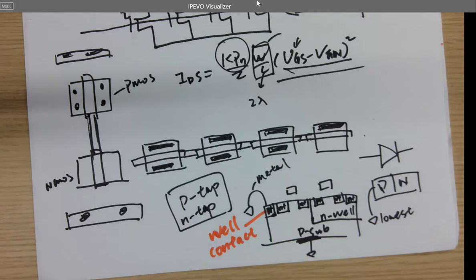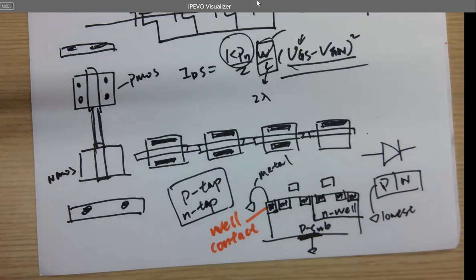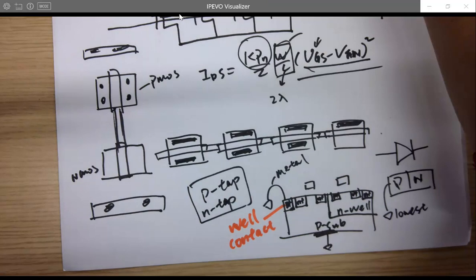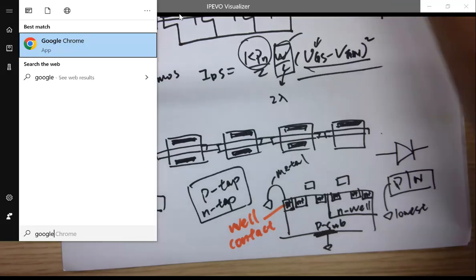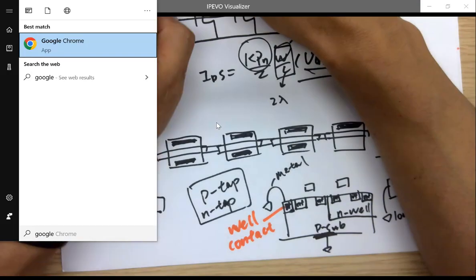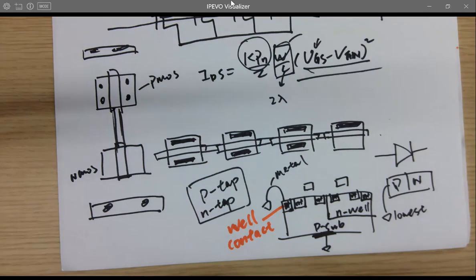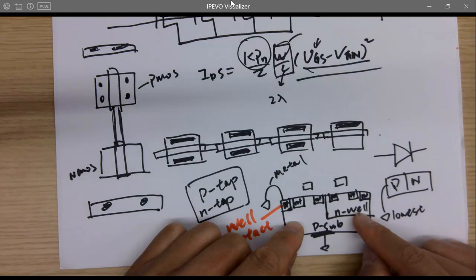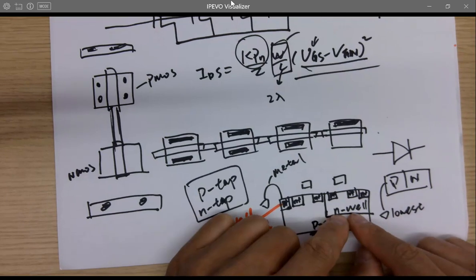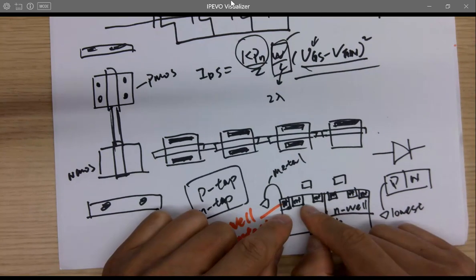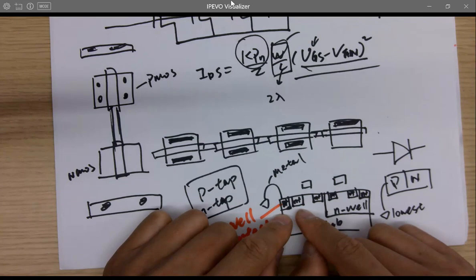So in some of the layouts in the future, you may have to consider that. But now, because all the PMOSes are being put in the same well, and all the NMOSes are being put in the same well as well, we don't place the transistors at different wells.